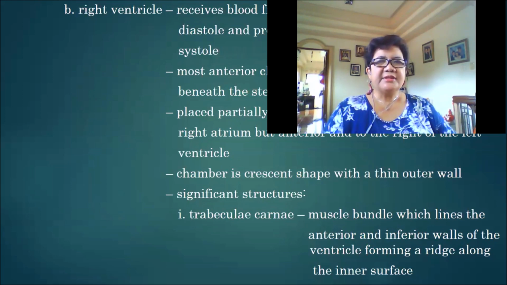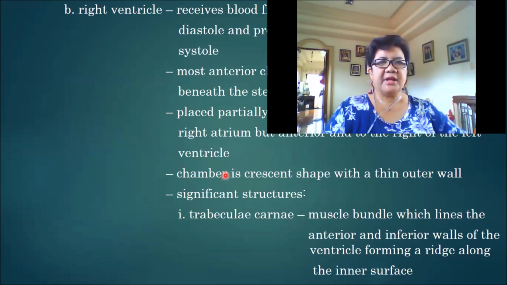This is the most anterior chamber of the heart, lying directly beneath the sternum. So you cannot hear the beating of your right ventricle because it will be covered by the sternum. Then this will be placed partially below and in front of and medial to the right atrium, but anterior and to the right of the left ventricle.